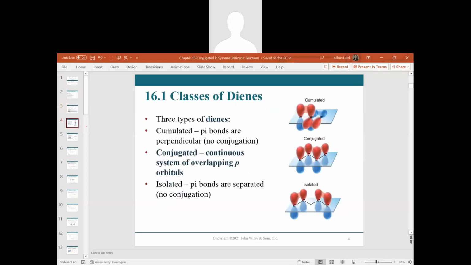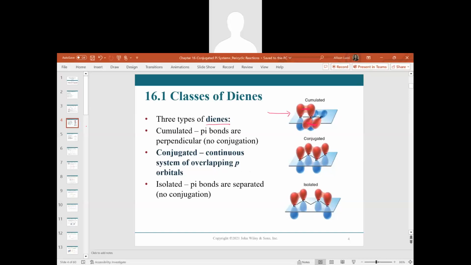What makes these three different types of dienes different in their functionality has to do with the overlap or lack of overlap between the pi bonds. In our first representation up here, this cumulated pi bond system, the pi bonds are perpendicular to one another. We can see the red overlap here, and then the other red overlap here of the orbital.